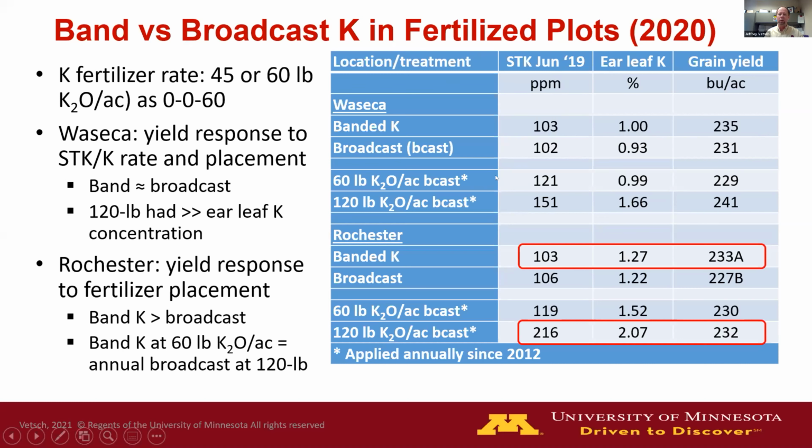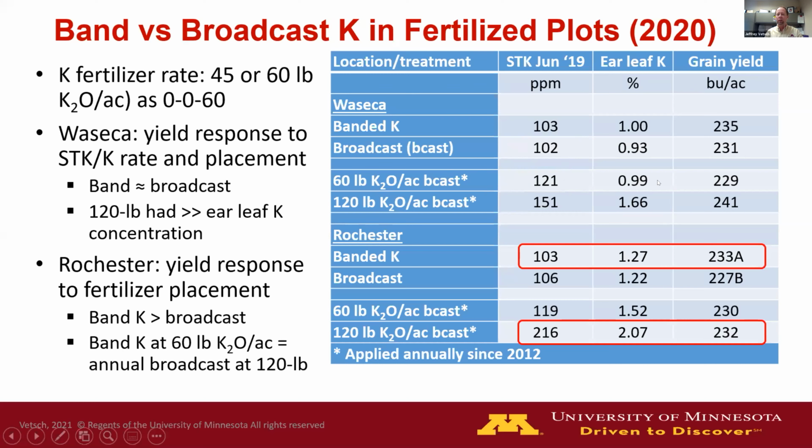Now these next 2 treatments were part of a different analysis, so we can't compare them per se to these 2, but we can compare them numerically. The first one is a treatment that has received 60 pounds of K2O per acre broadcast annually since 2012, and the one below it has received 120 pounds broadcast since 2012. We see the 60 has a higher soil test and the 120 much higher.